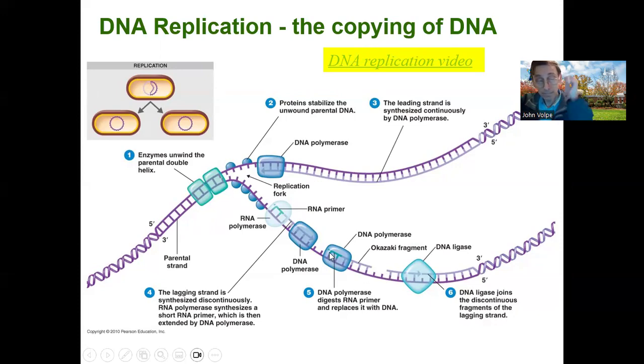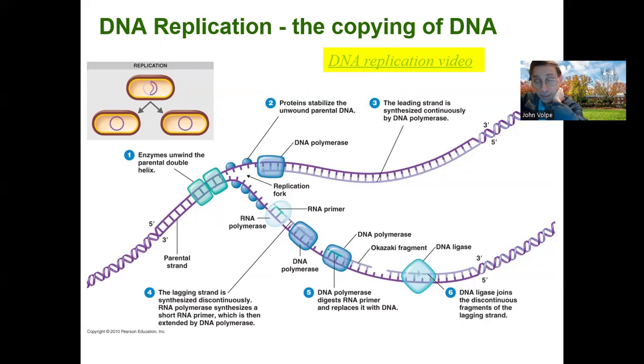So in reality, each Okazaki fragment will have a gap in the newly replicated lagging strand of DNA, at the beginning of the Okazaki fragment and at the end of the Okazaki fragment.